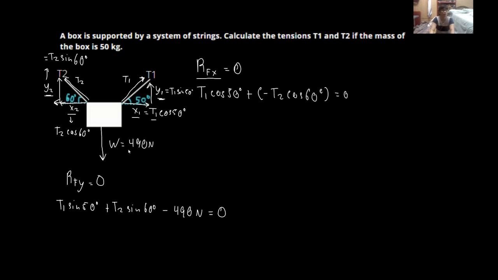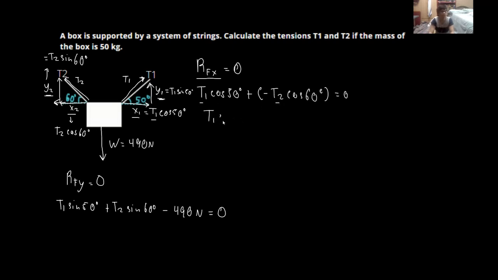So, weight is always vertically downward. Position niya ay palaging downward, vertically talaga. So, therefore, dahil pababa ang direction niya, negative. So, that's it. Ang goal natin is hanapin natin si T1 at si T2.